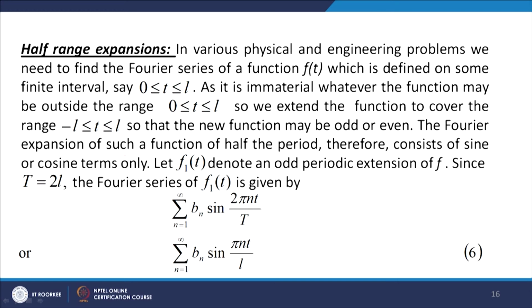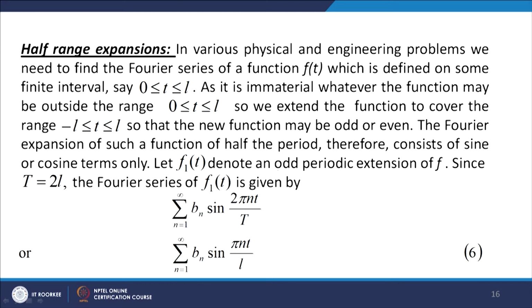The Fourier expansion of such a function of half the period therefore consists of sine or cosine terms only, because if we extend it as an odd function, we get a Fourier series consisting of sine terms, and if we consider the even extension, the Fourier series will consist of cosine terms.